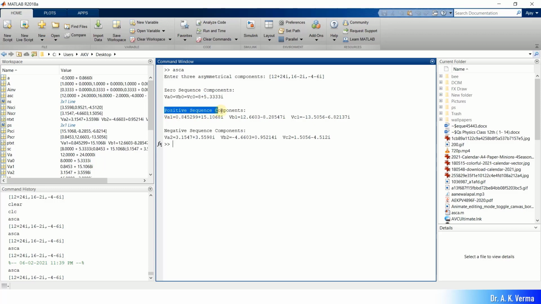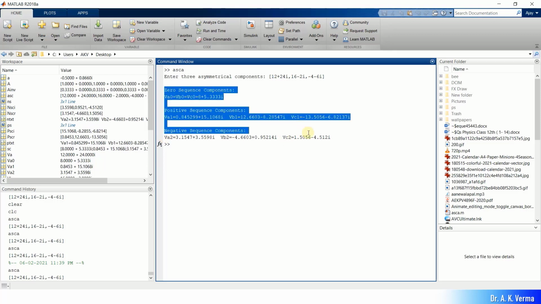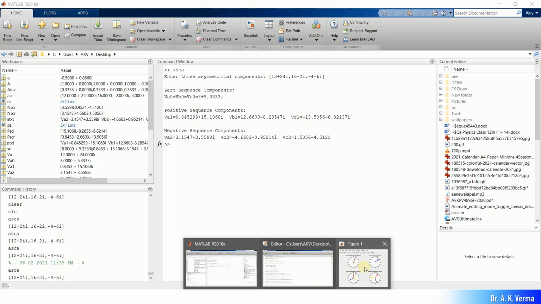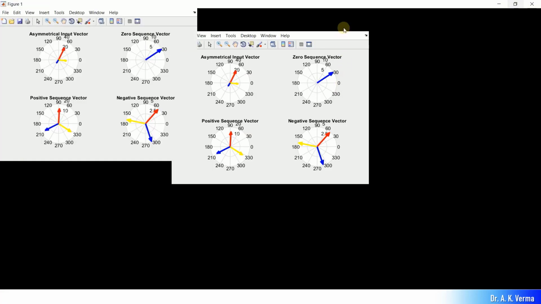Here you can see the positive sequence components, VA1 that is 0.845 plus 15.1j, and similarly VB1 and VC1. And here you can see the negative sequence components VA2, VB2 and VC2. So here you can see all the sequence components and their corresponding values.